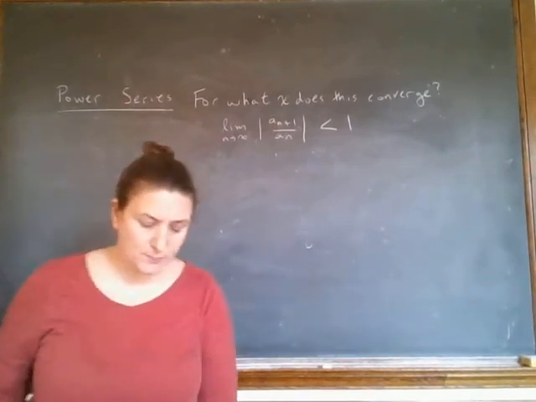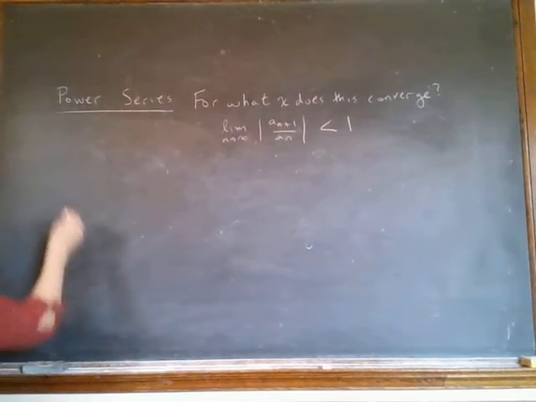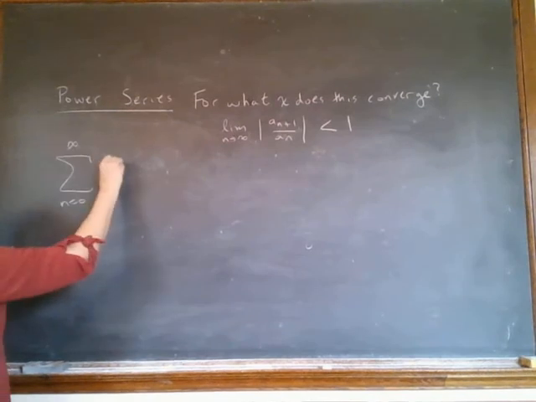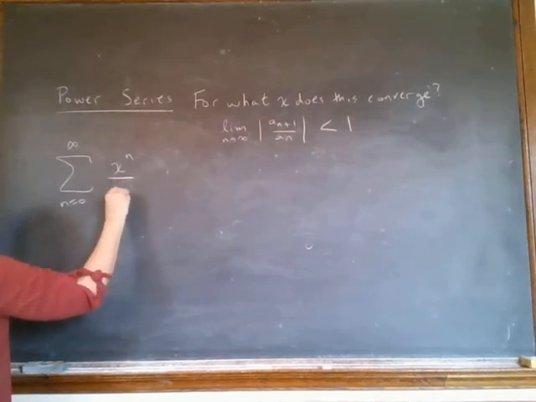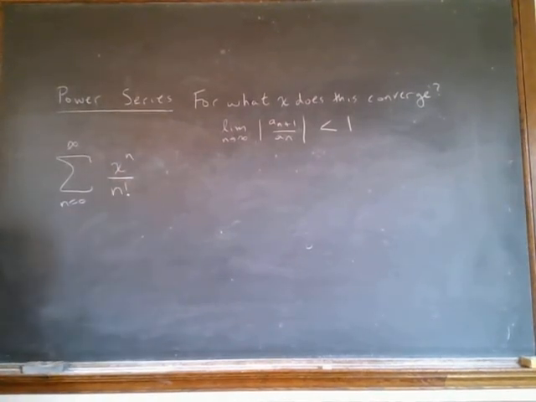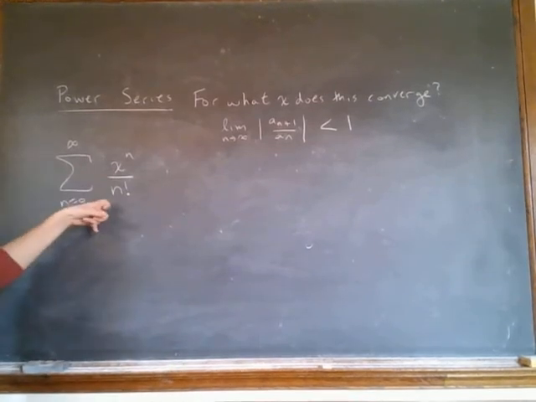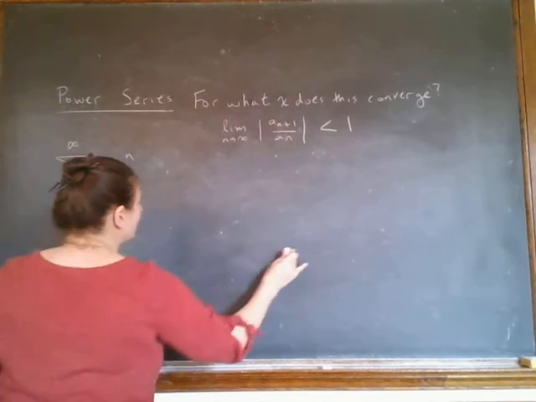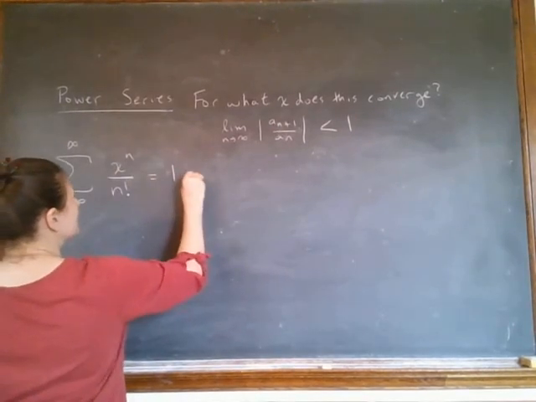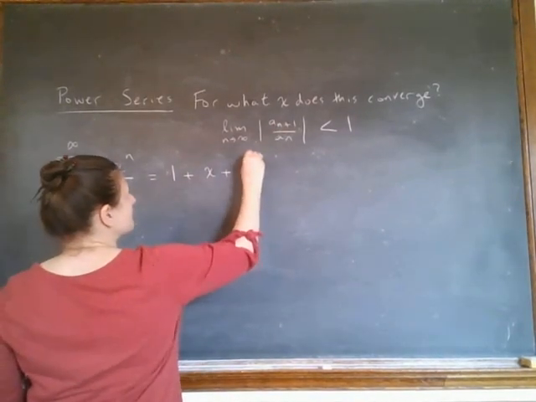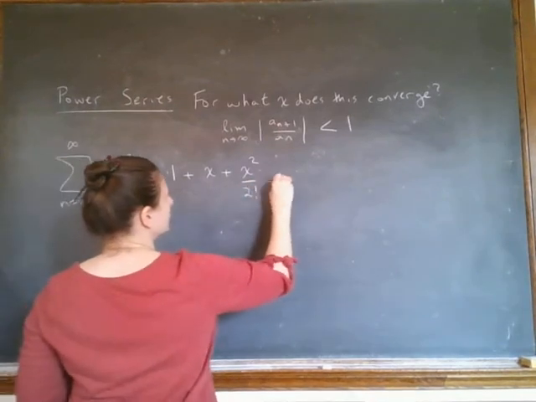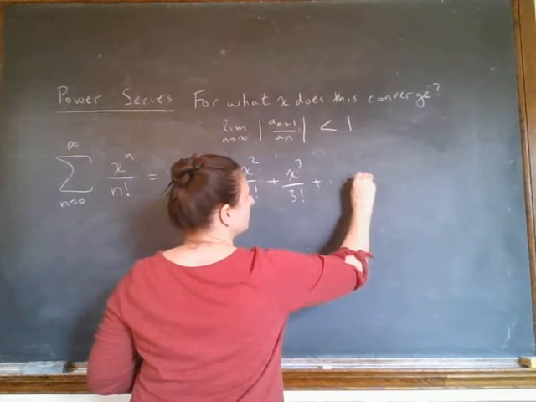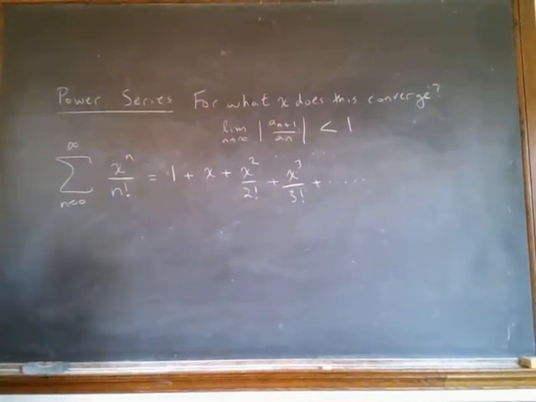Now, for my last problem that was on the board before, it looked similar to the previous one, but now instead of the n factorial being on the top, the n factorial is on the bottom. So this is much better, right? If I write this out, I can see, and you will become very familiar with this series. Okay, it looks like that.